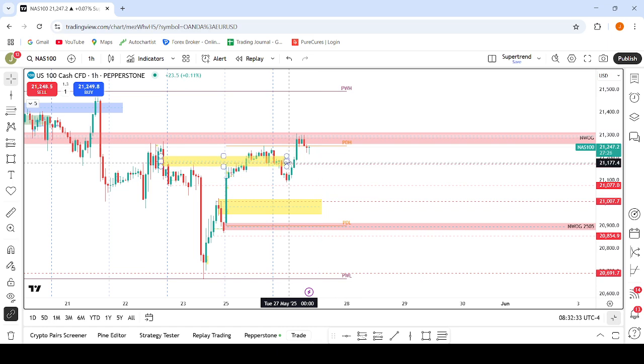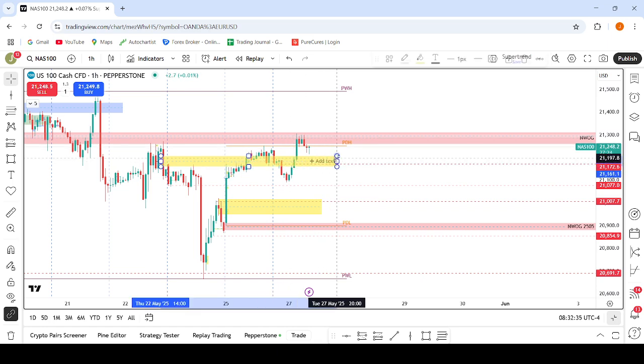So I think if we get support from this hourly BC here, then I anticipate that we continue up higher. If we break below this hourly BC come 9:30, 10 o'clock, then we could be looking to go lower.